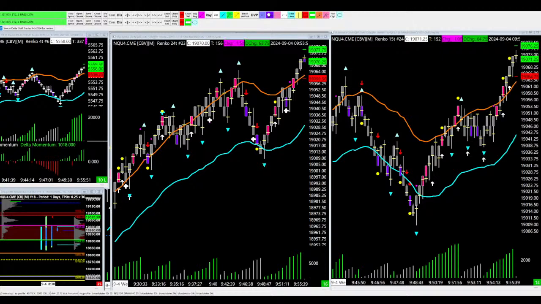Up to the single prints, 19083 to 19102. Crazy. Trend down, trend up.